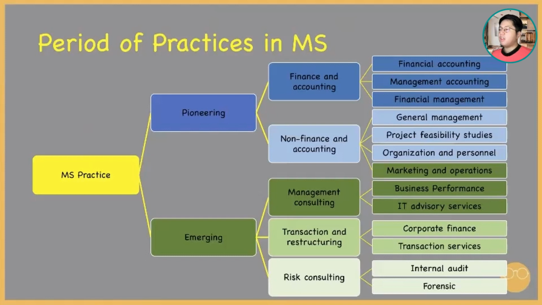For the financial management, you will help the client to establish the capital budgeting procedures. You should also be able to conduct a study on the cost of capital, financial structures, and systems. The non-finance and accounting involves general management, which includes pension plan review, long-range planning, and special studies on industry potential.